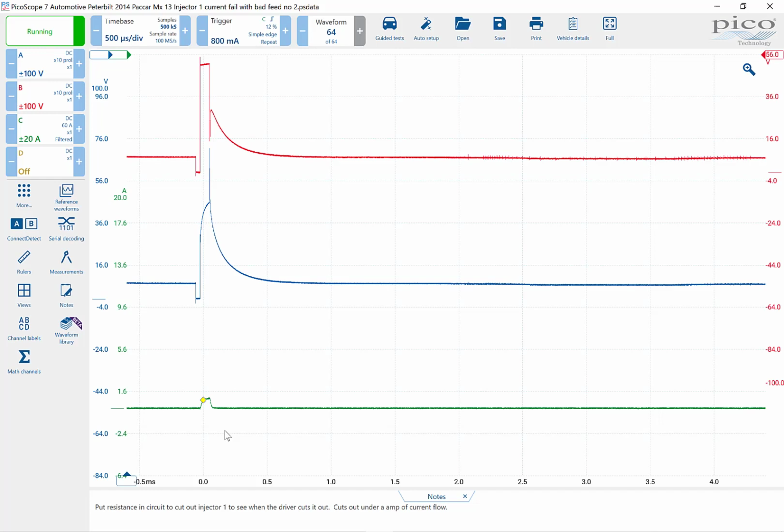Okay. And now I'm going to put the resistance back to normal. Okay, and now the code's active, so I've got to shut it down and reset it.